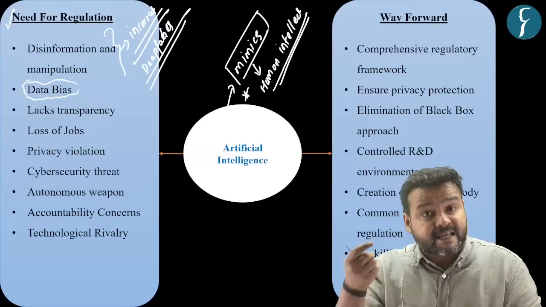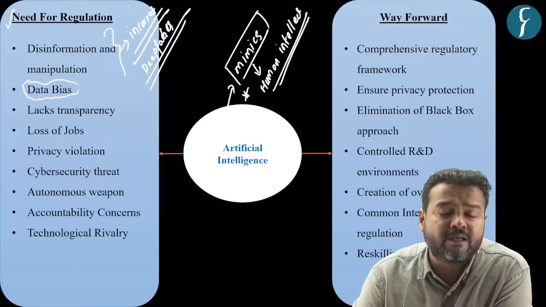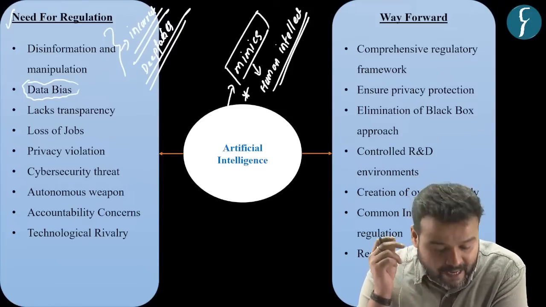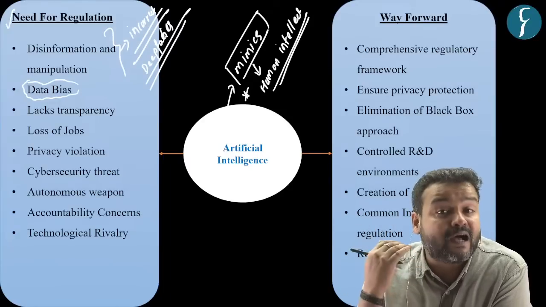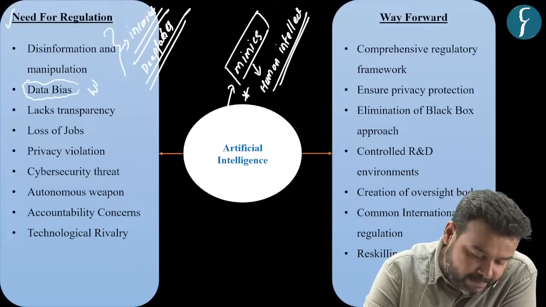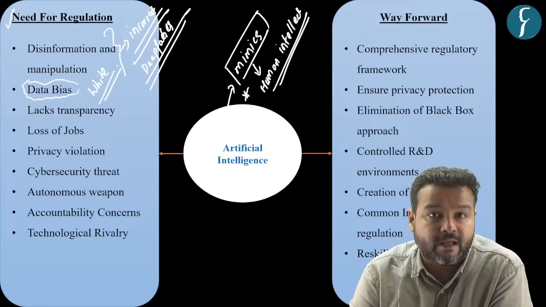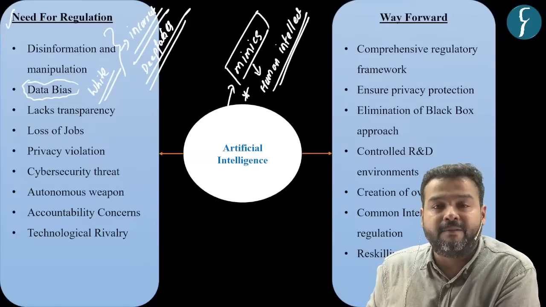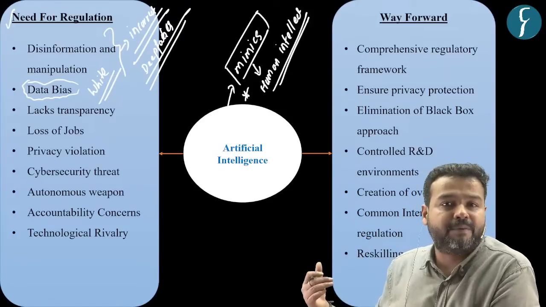Second example, in US hospitals, they used an algorithm where they tried to find which patient requires more medical care. Now the machine, that AI, gave the answer that white people require more medical care. How? Because somehow the data was fed that white people spend more on healthcare than the black people.